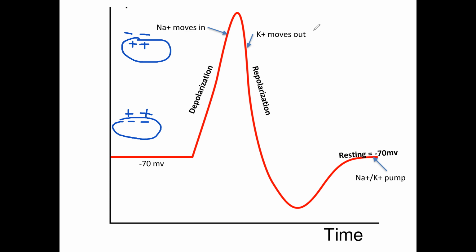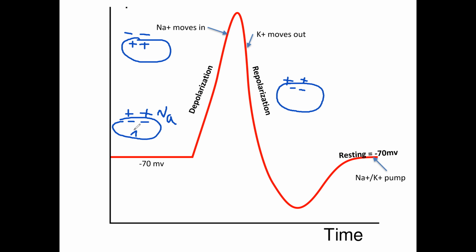And then potassium moves out, so now you're losing positive charges. You become, again, negative inside and positive outside. This is called repolarization. But the problem here is that in the resting state, you have sodium outside and potassium inside.